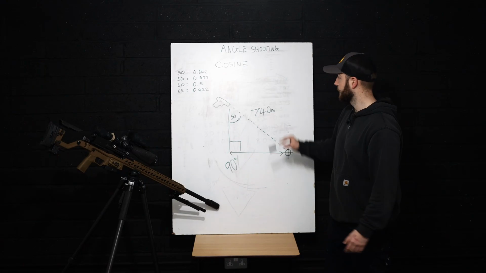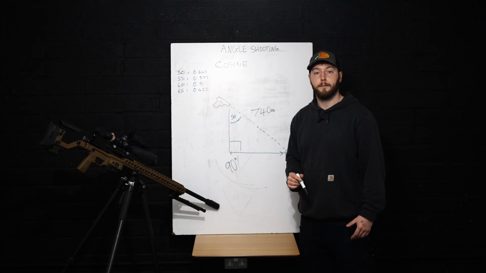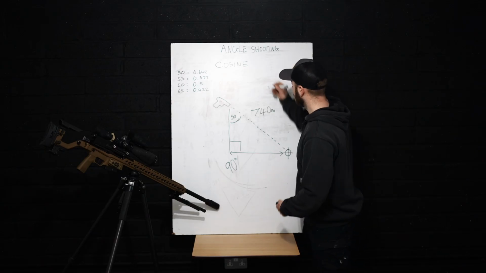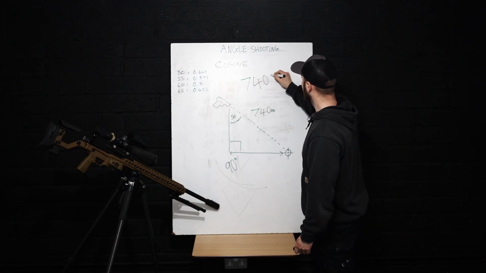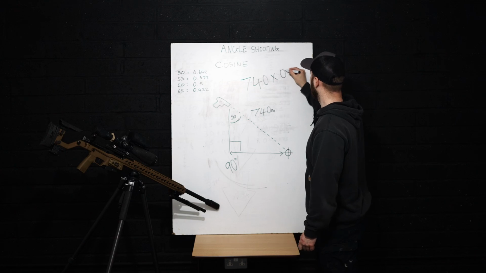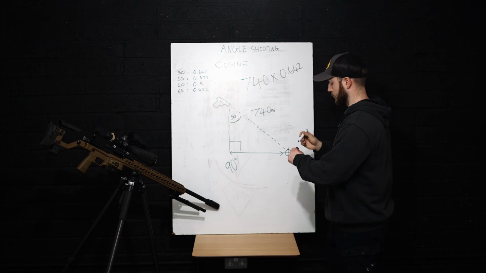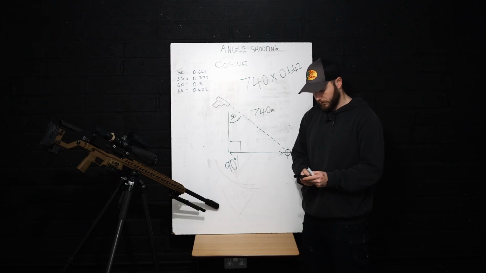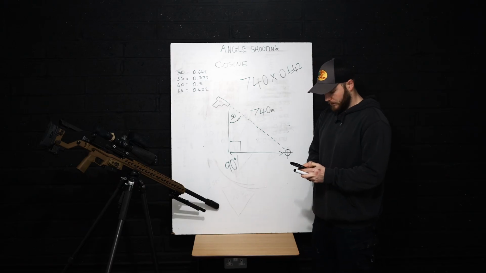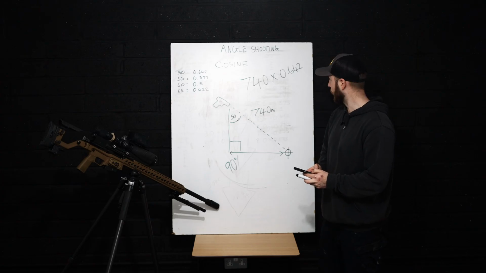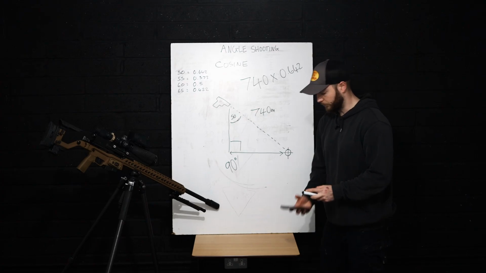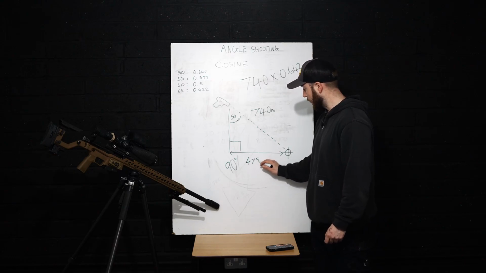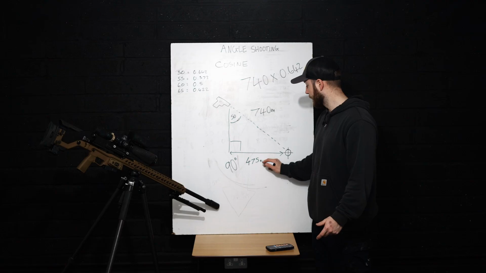So all I'm going to do is take 740 and times it by my cosine, and it will give me a corrected distance. So simple as, I'm going to do 740 times by 0.642, and that gives me 475, thereabouts, we'll round it, meters.